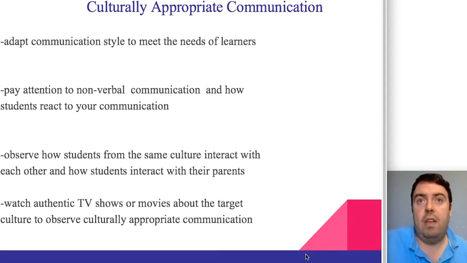And rather than trying to reteach the student how to communicate under the norms you're used to as the teacher, it's probably more efficient and more effective if you modify your communication in a way that students can understand.